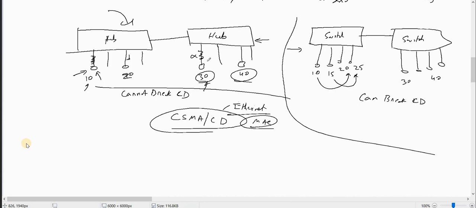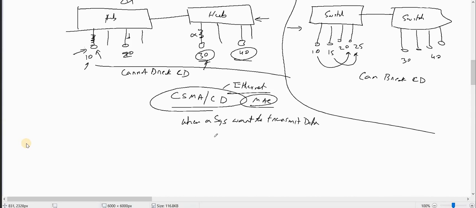Now we have to understand how this CSMA/CD works. It's a very, very simple algorithm. When a system wants to transmit data, the system is going to send a sample signal and monitor the effective echo disturbance.